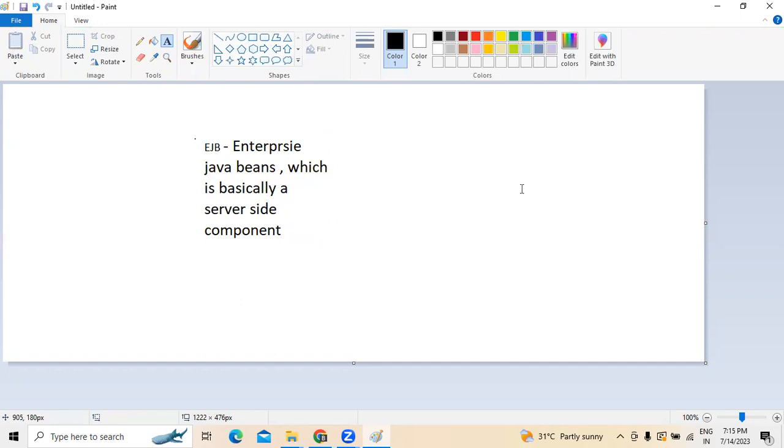Majorly, Enterprise Java Beans is a part of the J2EE platform, the kind of architectures we prepare in reference to the J2EE platform, as I mentioned some time back. EJB is an essential part of it.